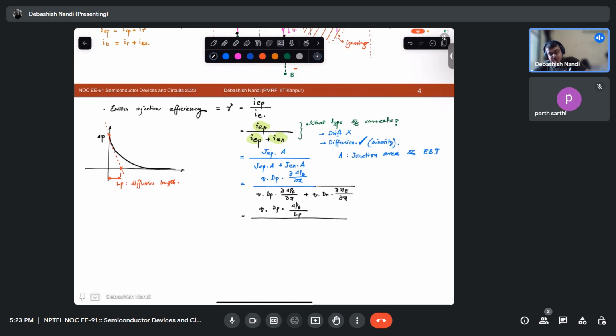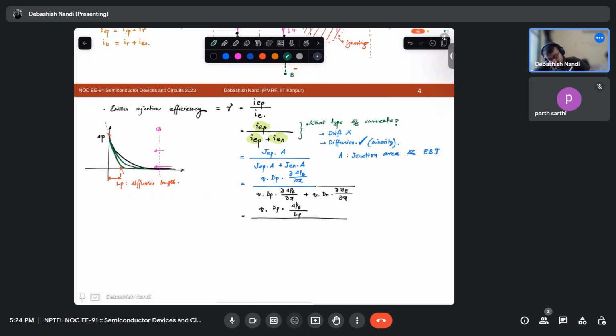Why do we do this? Suppose you try to reduce this length. There is a collector-base junction present at this place. Suppose you try to move this junction in this way. What will happen? This profile will become sharper and sharper.